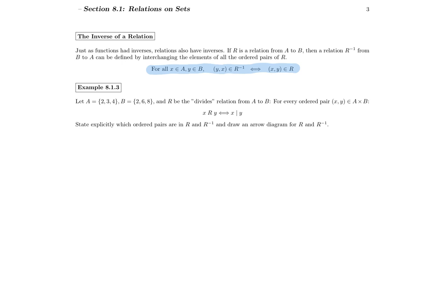So let's look at an example of this. I think these are even more straightforward than inverse functions.